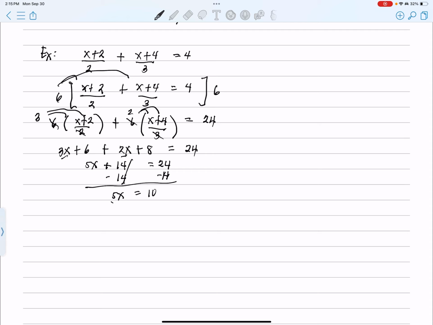By isolating, we have to divide by 5 to isolate the x. So x is equal to 2. All right? So don't be afraid when you have a fraction. So try the best way to do it. If you can see the denominator and you can find the least common denominator, this is the way how you can do it and how you can solve the problem.